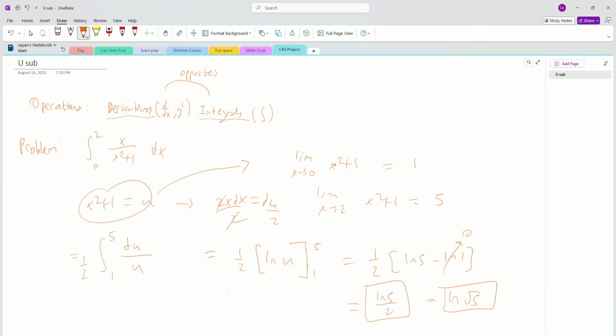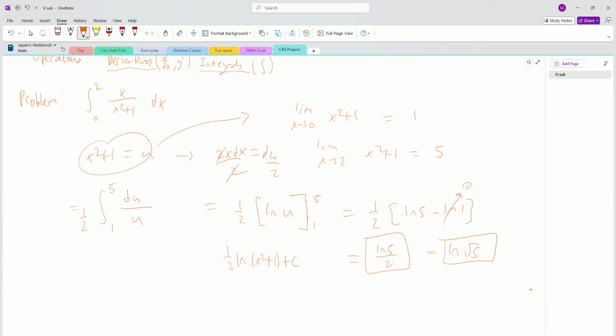The antiderivative is half ln u plus c, where we can replace u with x squared plus 1. If we were to differentiate this, we would get half, 1 over x squared plus 1, multiplied by the derivative of x squared plus 1, which is 2x. You can see we get the thing.